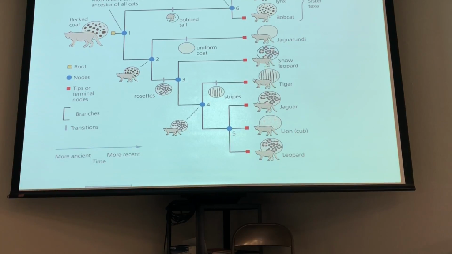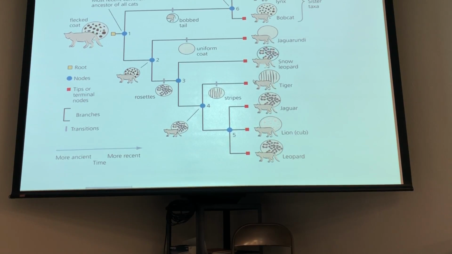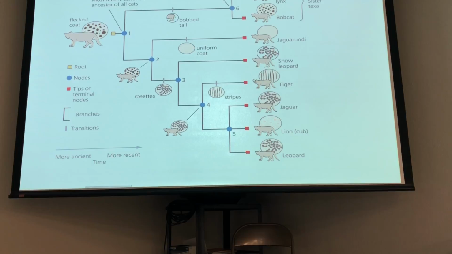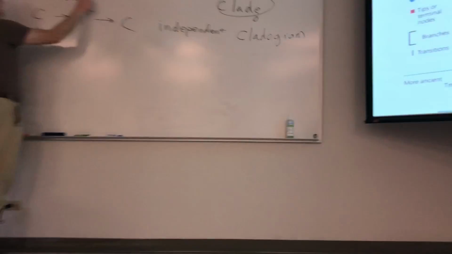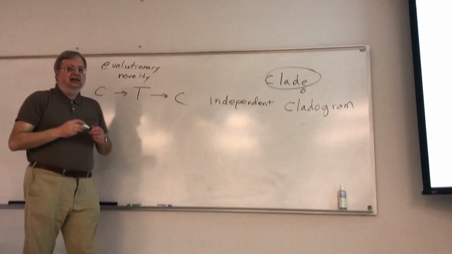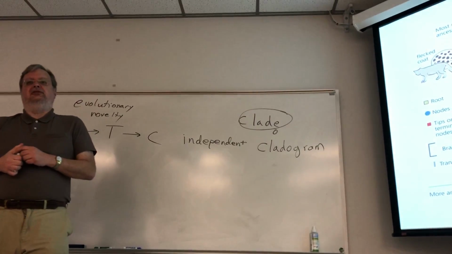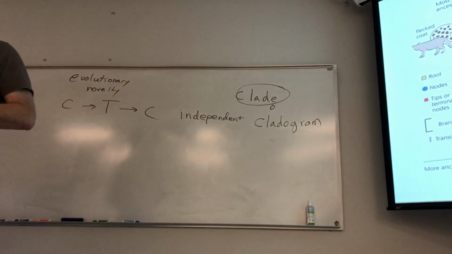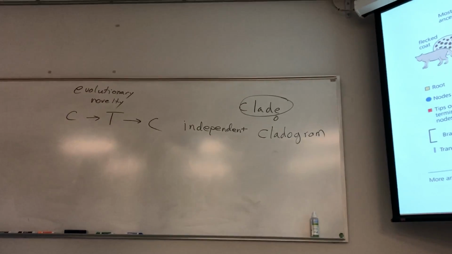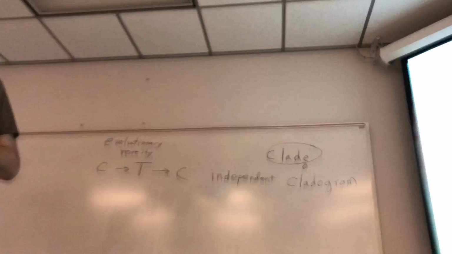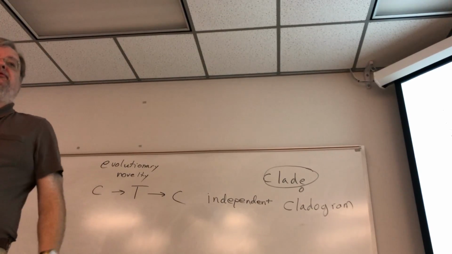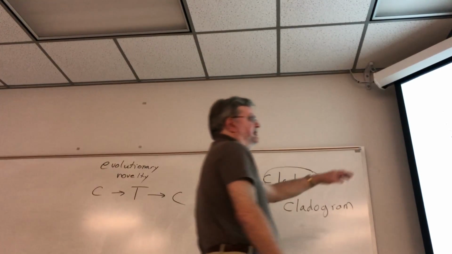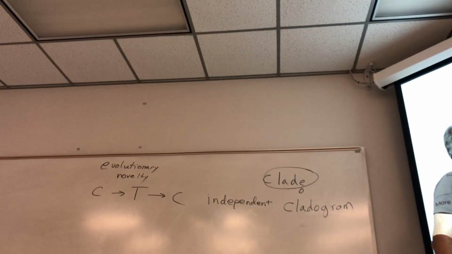Sometimes they have been called evolutionary novelties. A new character. These are called transitions. This is a different use of the term than transitions in mutations, although they're not totally dissimilar, but this is anything new. A bobtail, for example, is a transition. Transitions are indicated by these little slash marks.